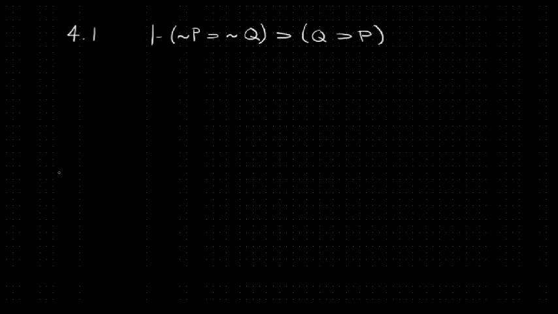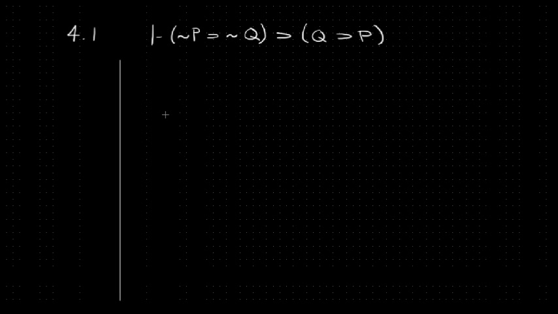So 4.1 on the paper is a categorical proof, which we can see we've got our turnstile at the front, we've got no premises, and it's if not P then not Q, then Q then P. If I'm thinking about this structurally, then I already know roughly what the proof is going to look like, and I can draw that in now.